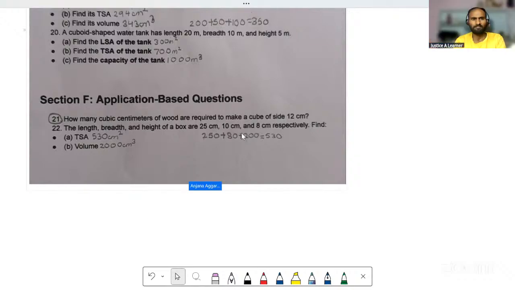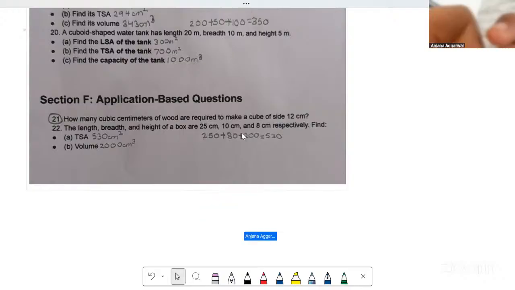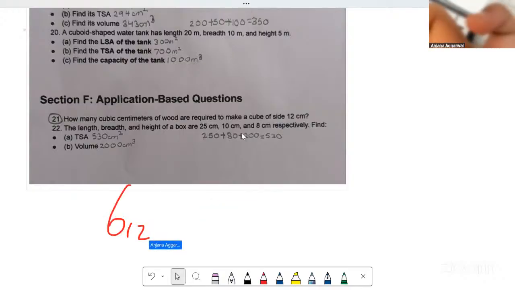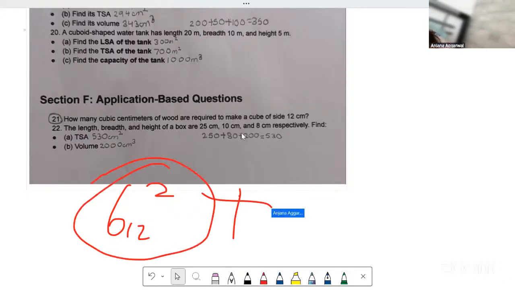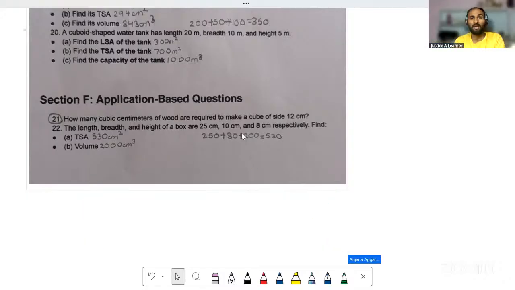No, that's wrong. Why? Because 6 and 12 you use for TSA, and we use side cubed for volume.